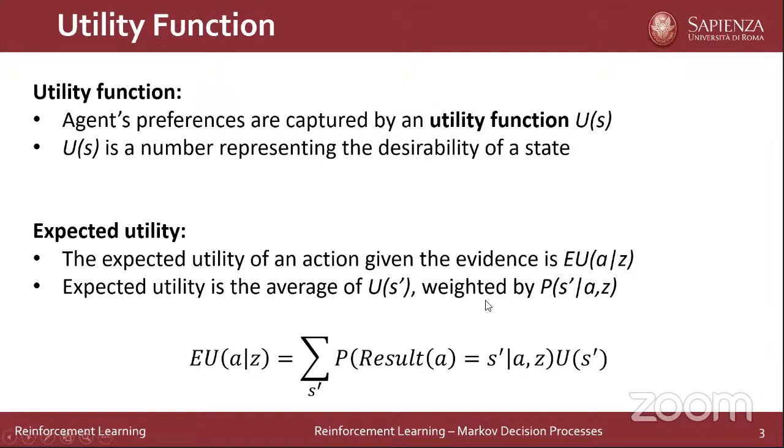The expected utility is just the average utility of the next state weighted by the probability of that state. So this is the expectation of the utility over the transition function, which, as we mentioned, depends on A.